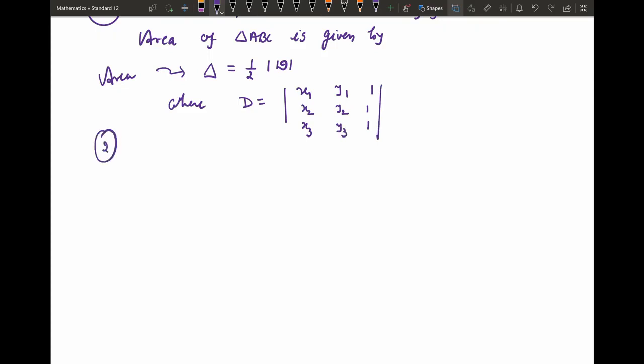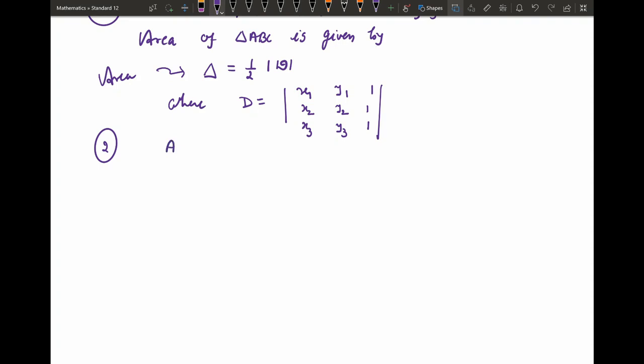And second important result, area is always positive, value of determinant may be negative, so we have taken modulus. So area of triangle ABC is given by delta equal to 1/2 modulus D, where D is the determinant given by x1 y1 1, x2 y2 1 and x3 y3 1.